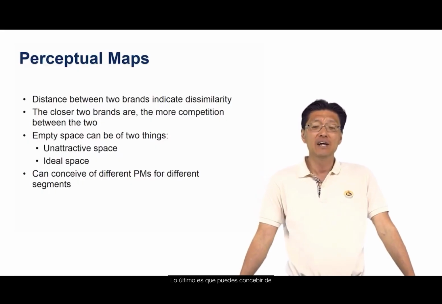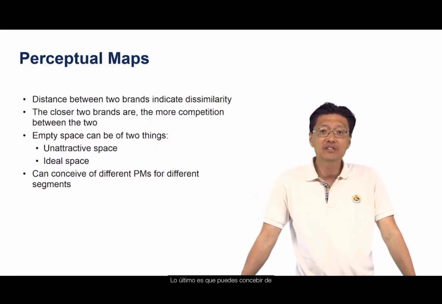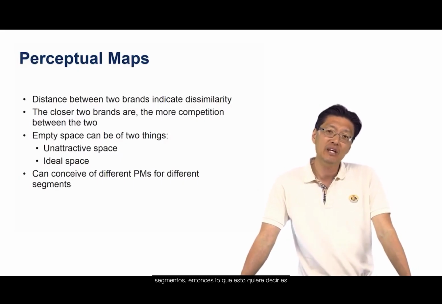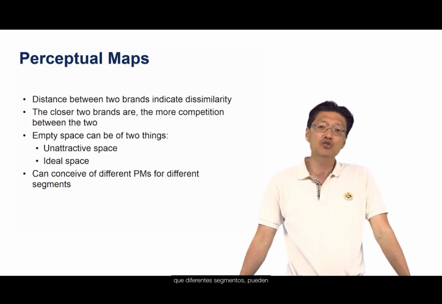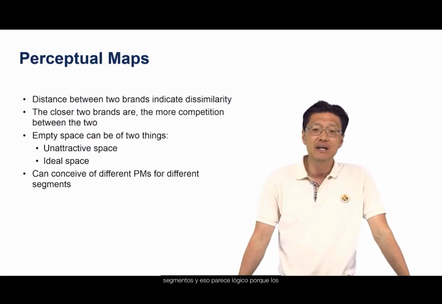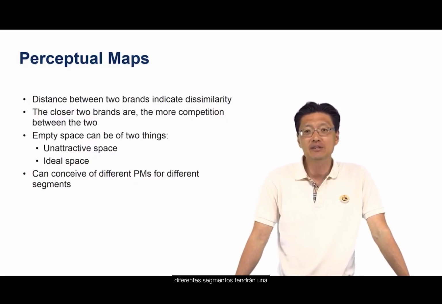The last is that you can conceive of different perceptual maps for different segments. This is saying that you can construct different perceptual maps for different segments, and that seems logical because different segments will place different importance on different attributes.